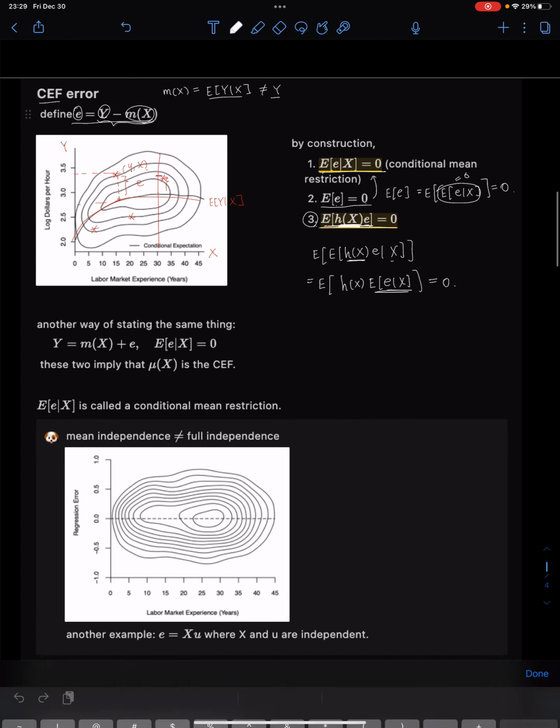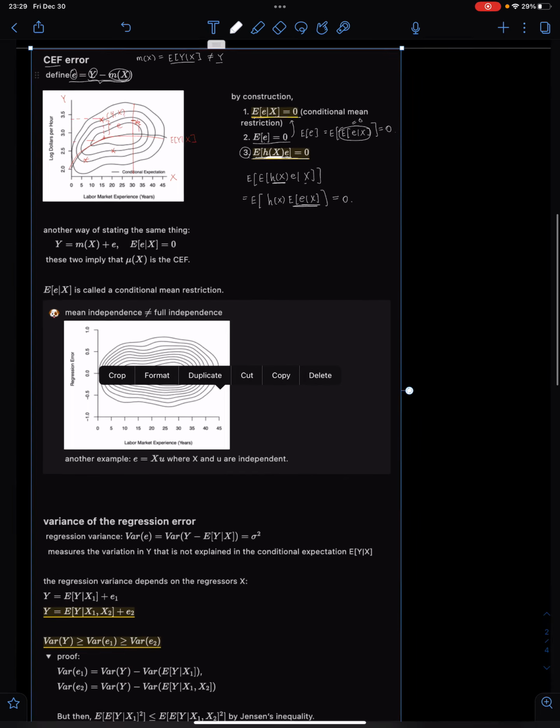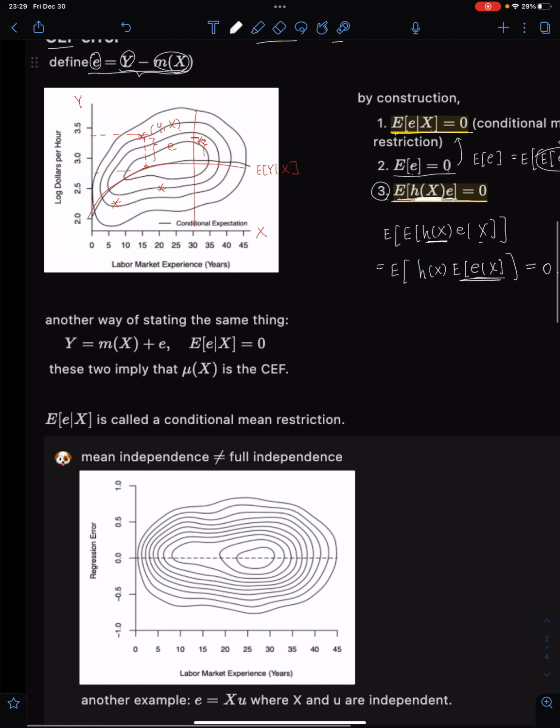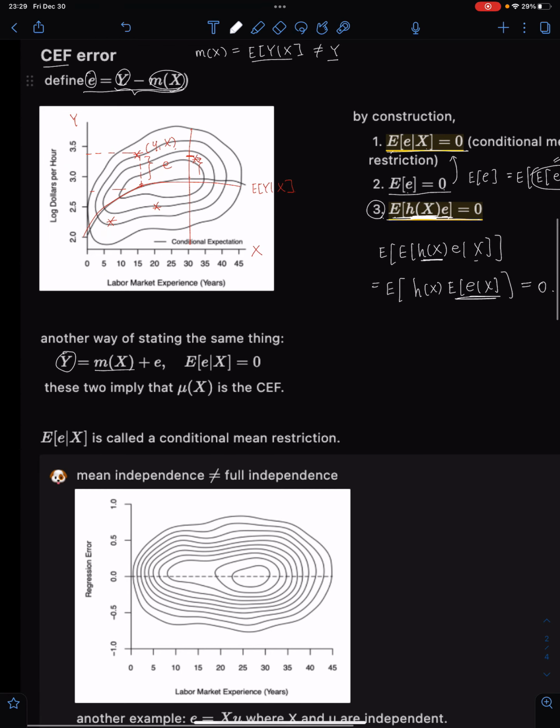Okay, here is another way of stating the same construction. Instead of starting from m of x as a CEF, we can just say that our data y is the sum of some function m of x plus e, and this e has this property conditional on x.